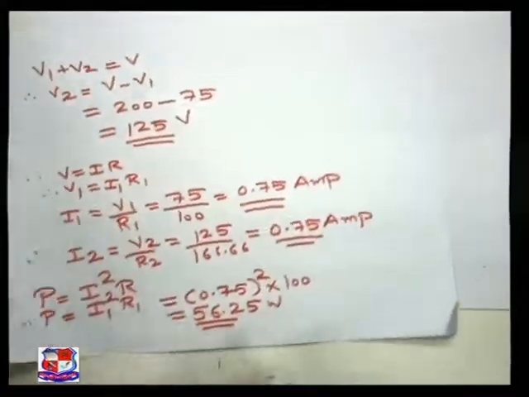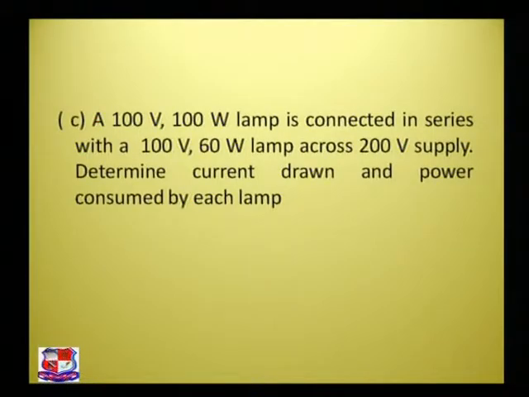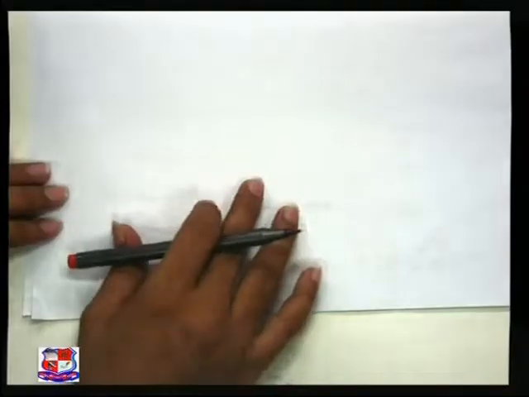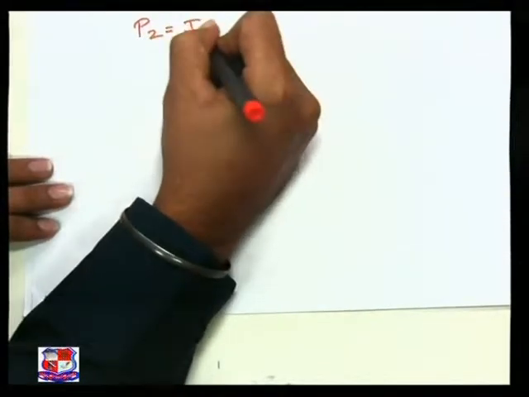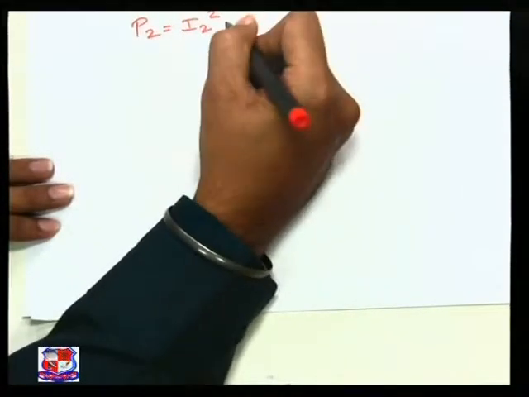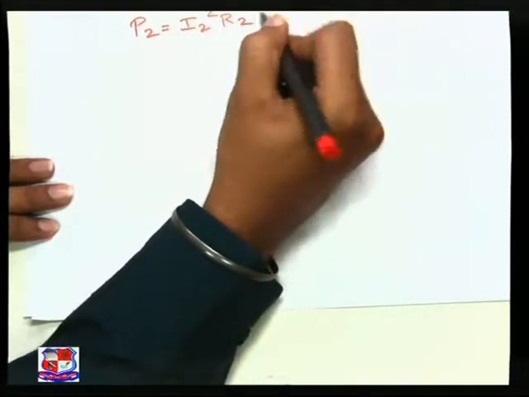Similarly, if you want to solve for the power consumed by the second lamp, we will have P2 equal to I2 square R2.